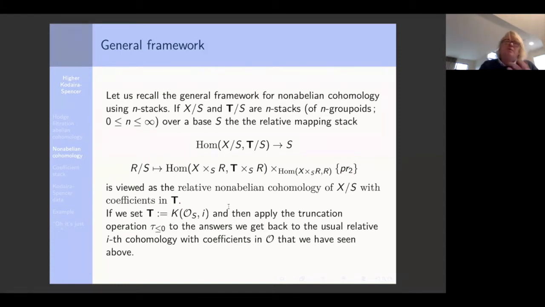If you take the homotopy presheaves, they're not that, because that involves cohomology. But if you take the homotopy group presheaves of this simplicial presheaf and then sheafify them, then you're supposed to get 0 except in degree i. So there's an Eilenberg-MacLane stack like that. Then we apply the truncation, the pi 0, to all of our answers. Then we just get back to the usual relative i-th cohomology with coefficients in O that we saw before.